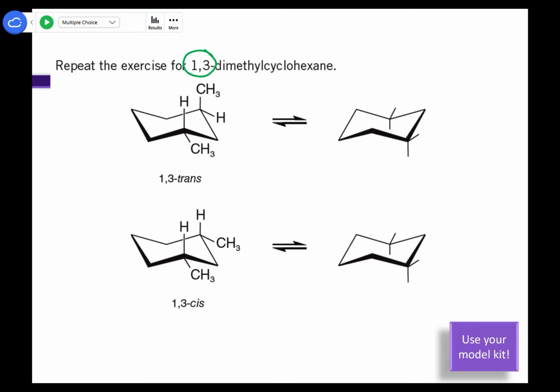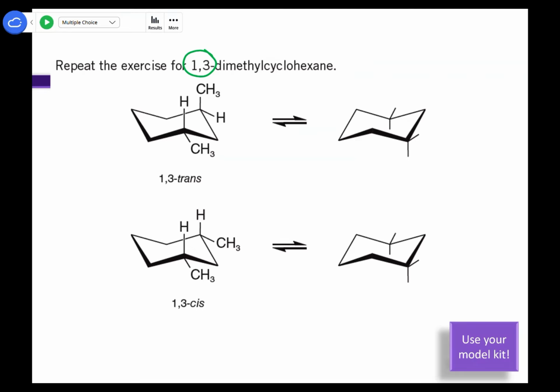And now, we're going to count from carbon 1, 2, 3, and I'm going to put this in a position. We're going to start with the trans. So if I squish this down and make the carbons all flat, it doesn't actually exist like that, but to make it really easy to see that one methyl group is above the plane of my carbons and one is below, it's just nice and easy that way.